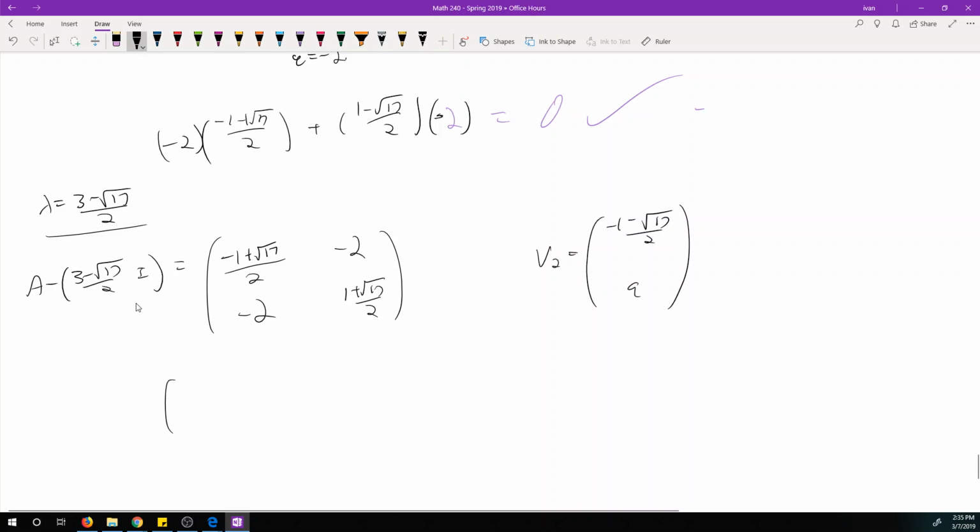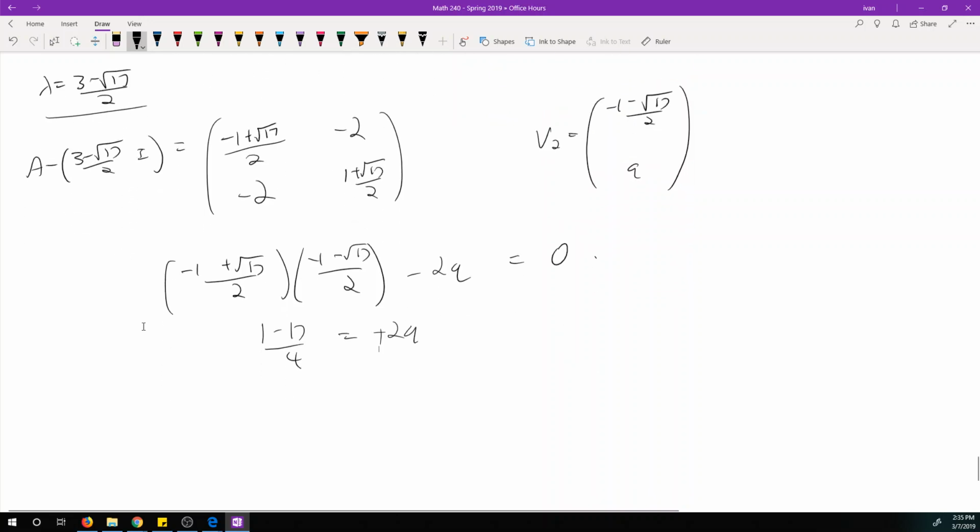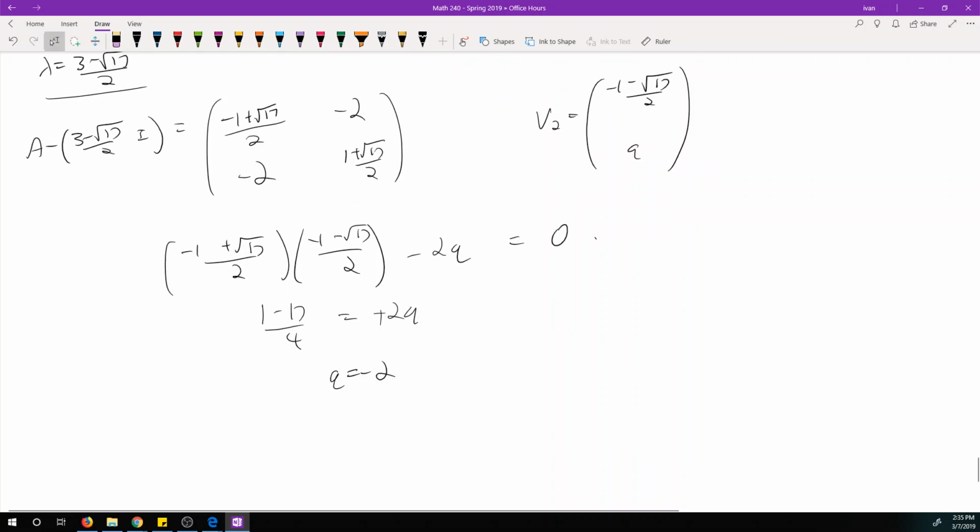Again, let it be q for now. So (negative 1 plus root 17)/2 times (negative 1 minus root 17)/2, and then you got that minus 2q is equal to 0. This is 1 minus 17 over 4 is equal to negative 2. Q is equal to 2q. So you get q is equal to 2, or q is equal to negative 2 again.